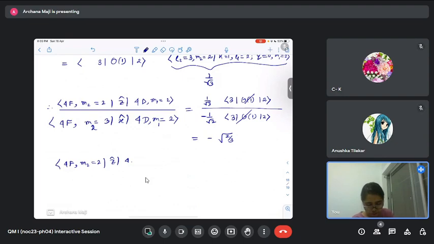So this is equal to, okay, therefore that is equal to that, and this entire thing is given to be 2 square root 3 a0. So we get minus 2 square root 2 a0. So the answer t is basically 2 square root 2. Fine.